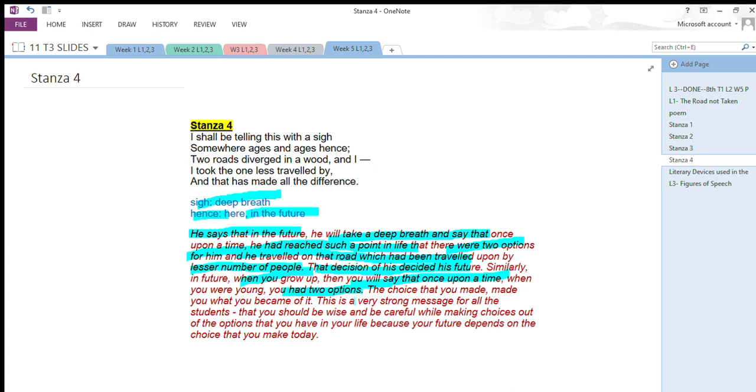This is a very strong message for all the students, especially for you, that you should be wise and careful in making choices out of the options that you have in your life, because your future depends on the choices that you make today. And you have to take risks also. This is also a very strong point. Okay, you have to take risks in your life in order to face the situations. If you don't take risks, it means you are not going to grow up in your life.